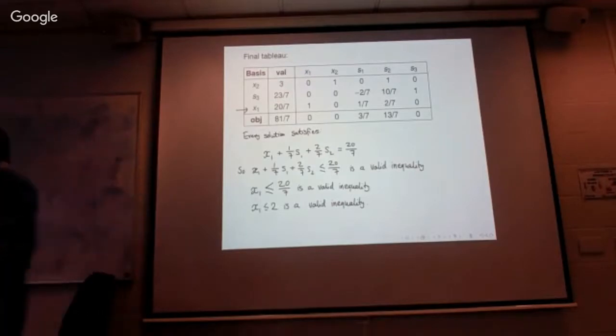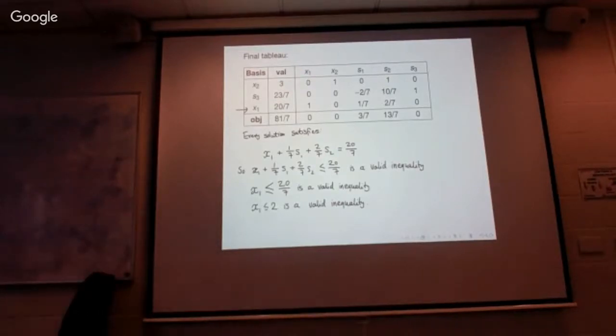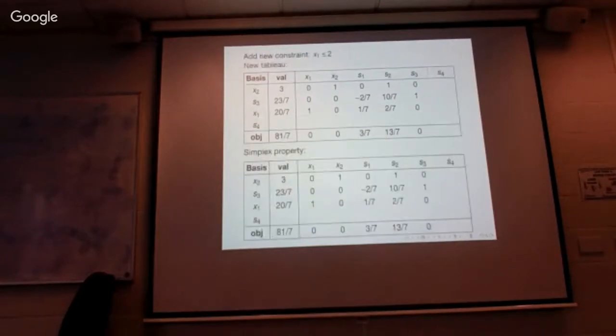So if you do that, it looks like this. You have a new constraint, the right-hand side is 2, x1 is 1 there, and everything else is 0 there. And S4 is a new slack variable.